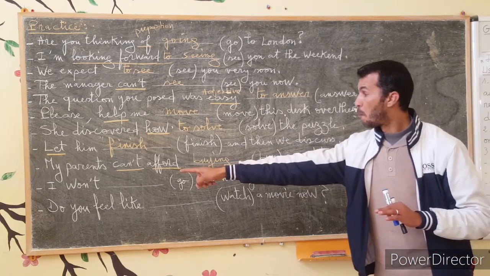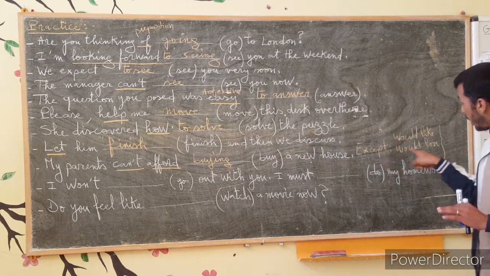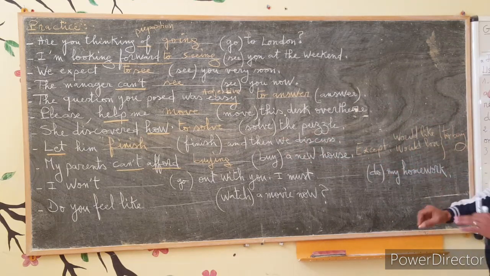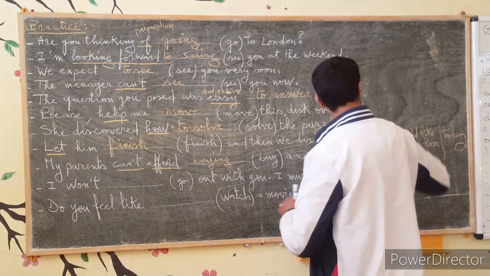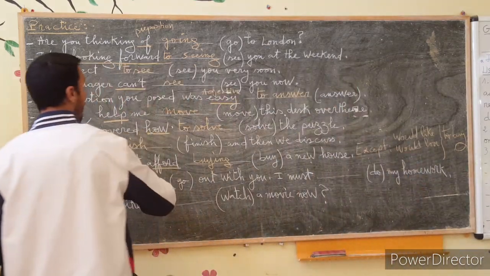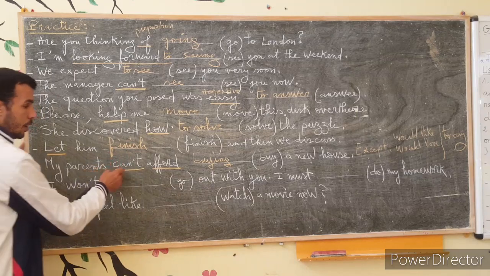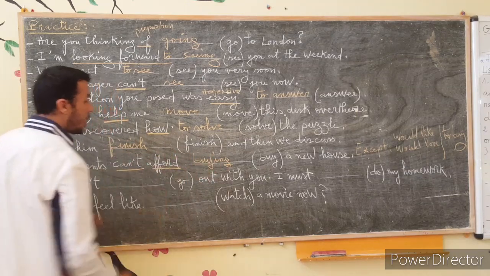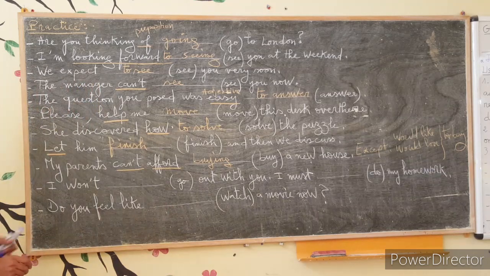In this example, if we had my parents would like or would love, we would say "to". But here we don't have would like or would love, we have a modal, whatever the modal is, and a verb, so the verb that comes after must be a gerund.